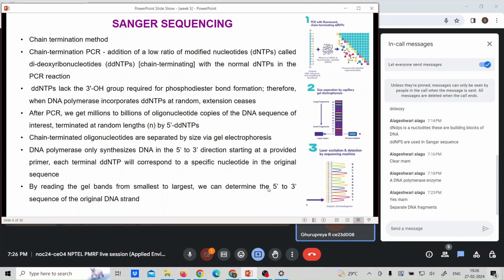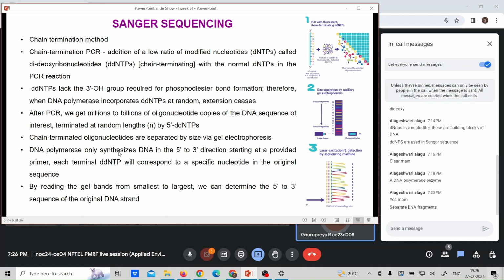The driving factor here is DNA is negatively charged. So when we apply a potential, the DNA fragments are going to move towards the positive electrode, and based on their size, they will be stopped at different positions, giving us different bands. Okay, so those bands will give us some information.